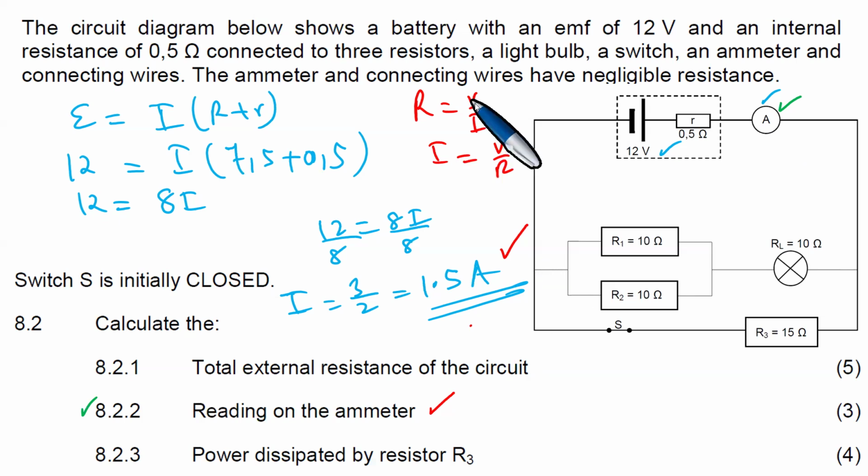When there's EMF, you can't, I mean, you can still do it, but now, what did you do? You said 12 divided by 7.5, and this 12 is the EMF. And the 7.5, I agree, is the R total.